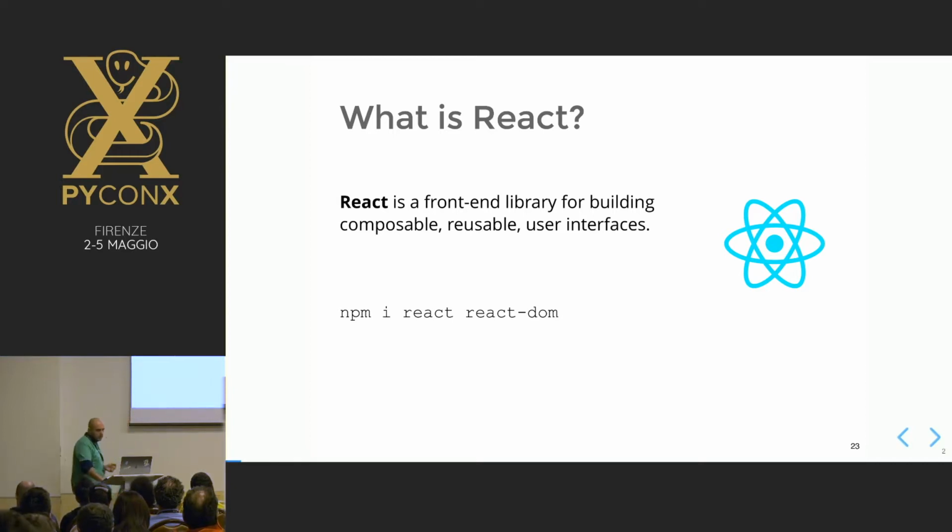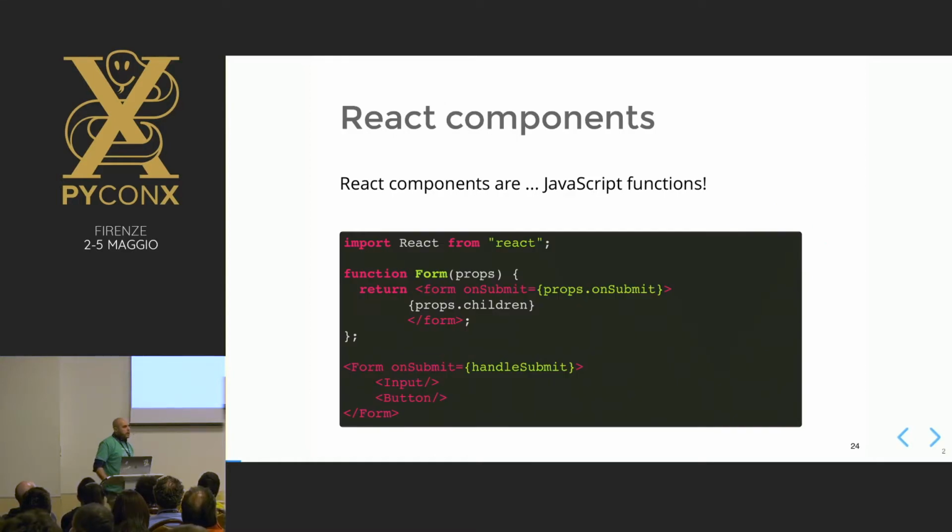You can install the library with npm i react-dom. Of course, you have to be in a Node.js project. So React builds upon this concept of components. Now, we used to write components as classes, as ES6 classes.